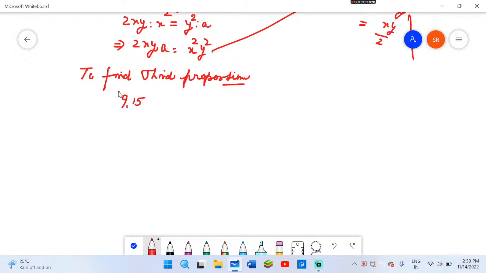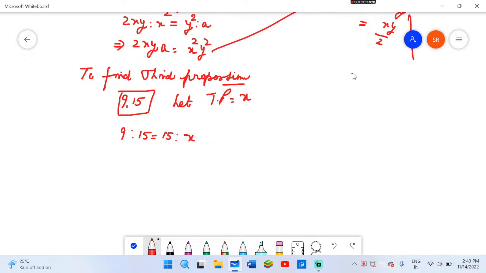Find the third proportional. Let the third proportional be x. So please remember the trick. If this is the third proportional, the number preceding it should be written 2 times: 15, and this once only. So 9 is to 15 is the same as 15 is to x. This becomes the third proportional.